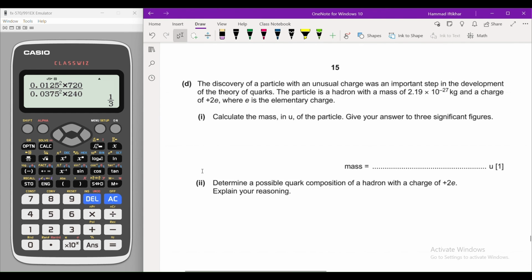Okay, all right. The discovery of a particle with unusual charge was an important step in the development of the theory of quarks. The particle is a hadron with a mass of 2.19 times 10 raised to the minus 27 kg and a charge of plus 2e, where e is the elementary charge. Calculate the mass in atomic mass units of the particle. We know that 1u is given in the data sheet at the start of the paper.